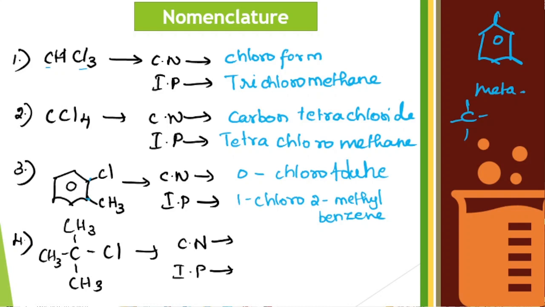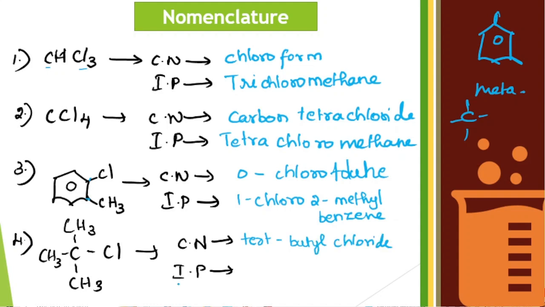So if you see here, it's coming under, as you all know, tertiary. Now let us see the common name. The common name will start with tertiary because it is a tertiary carbon. How many carbons are there? 4 carbons are there, so you write butyl. So tertiary butyl chloride.